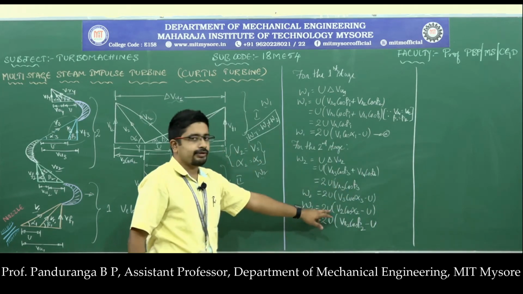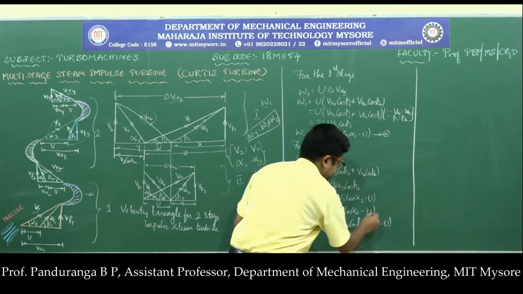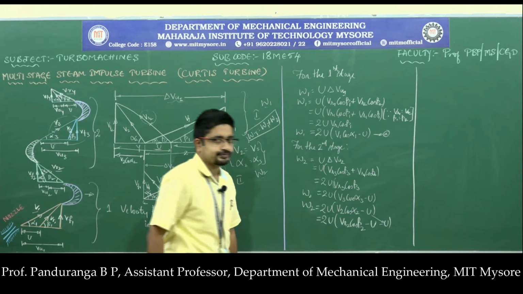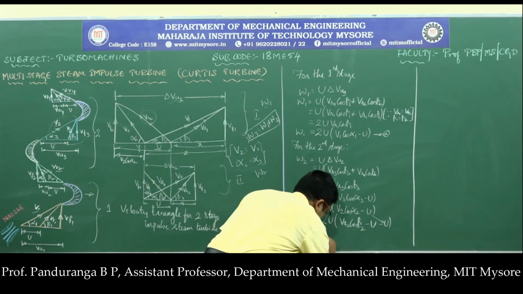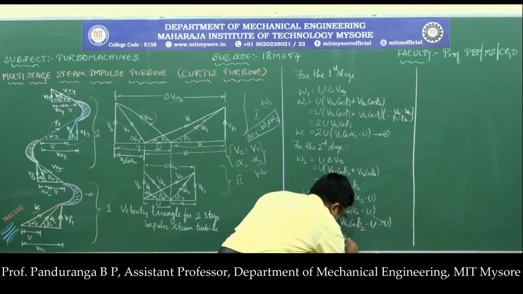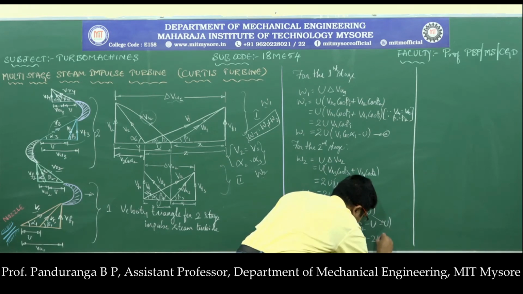This is V2 cos alpha 2 minus u, which is present here. So this is this one. Now we have minus 2u here. So I will write it as 2u into VR2 cos beta 2 minus 2u.